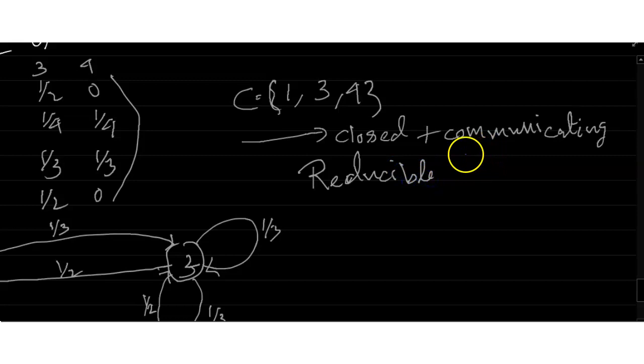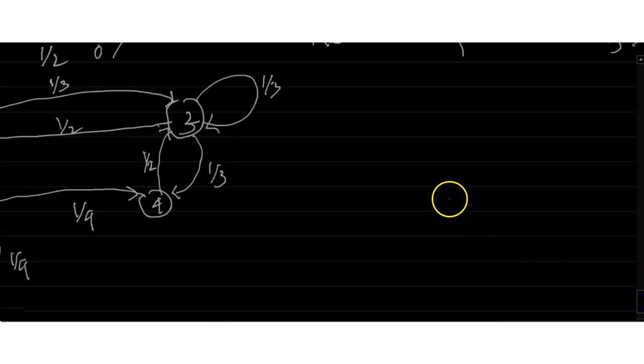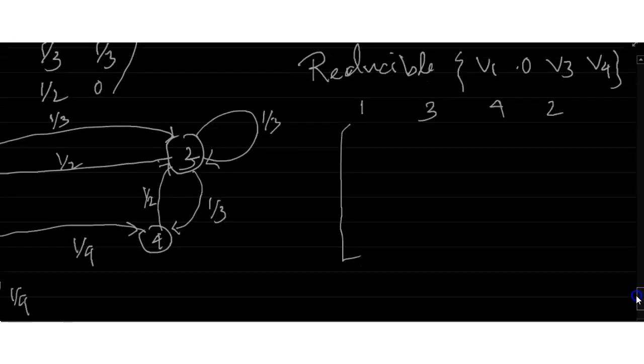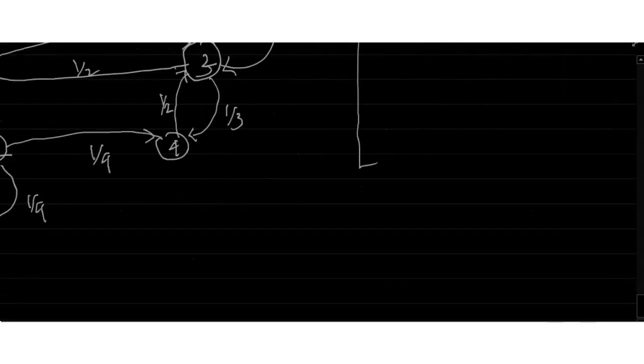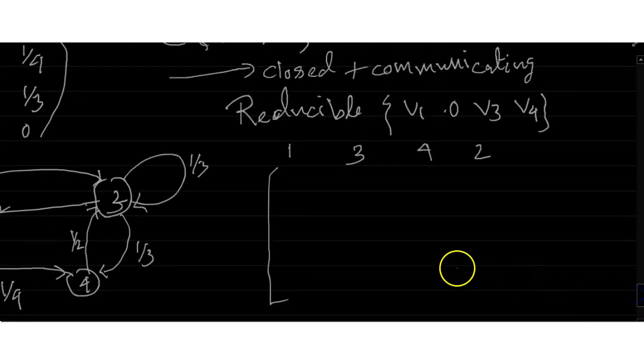This is not irreducible. So reducible, this is the V1, 0, V3, and V4 you get, and after that we can get this problem this way, that we just change 1, 3, 4, 2, because 2 is not our element. So V1, V3, V4. So my set combination will be 1, 3, 4, 2, and 1, 3, 4, 2.